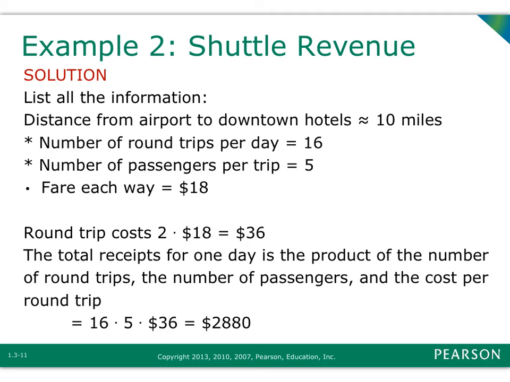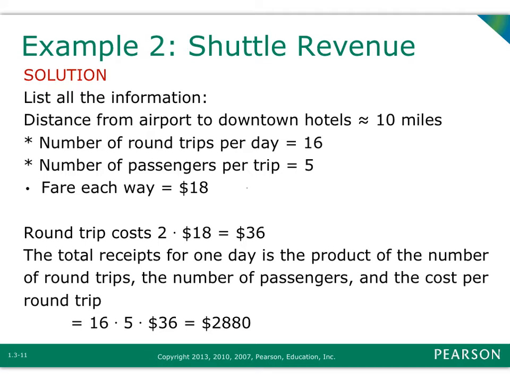So we make kind of a table. The distance from the airport to downtown hotels is 10 miles. The number of round trips per day is 16. The number of passengers per trip is 5. The fare each way is $18.